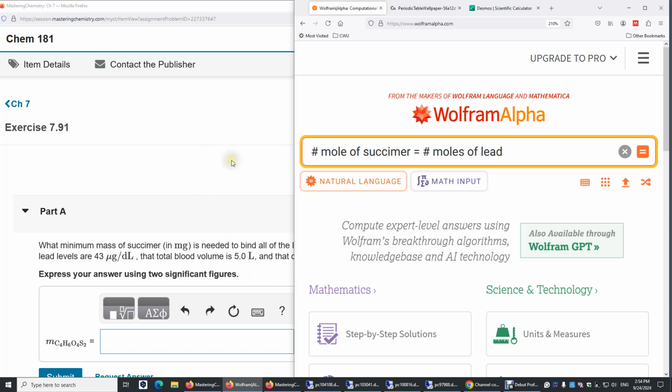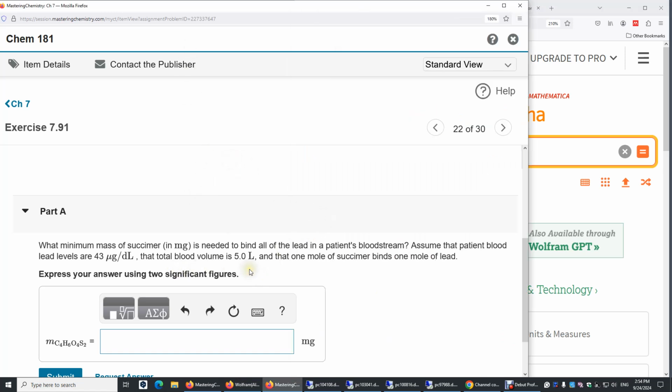Alright, and now can we get the number of moles of lead? We have 5.0 liters. We have the concentration here in microgram per deciliter, so we can calculate the amount of lead in grams and then convert it to moles.